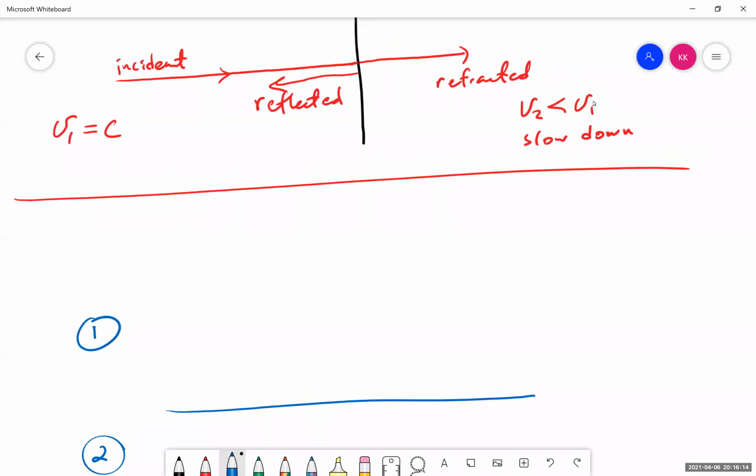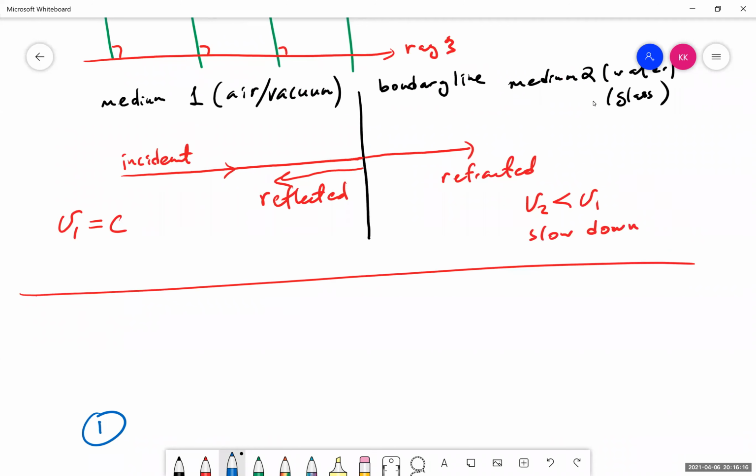You can really see that in this specific diagram, because I draw this incident light such that it is perpendicular to the surface. One thing we do here is we always measure the direction of the light with respect to the normal line that is normal to the surface.